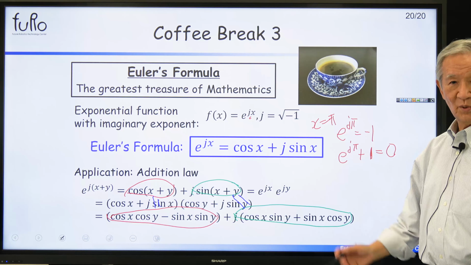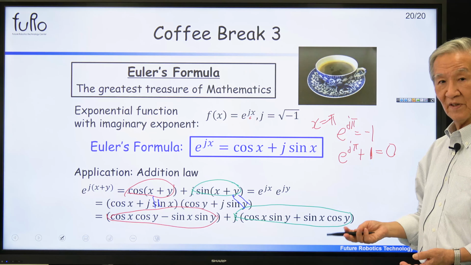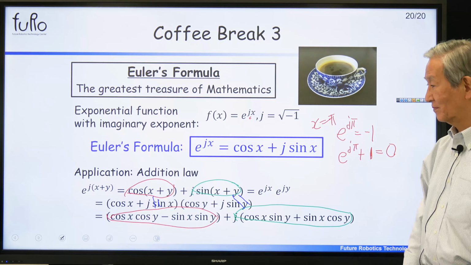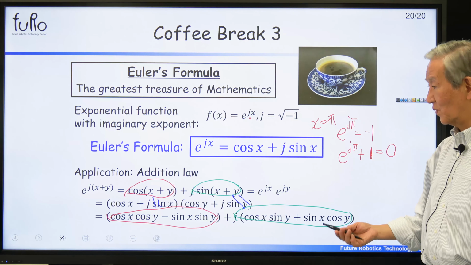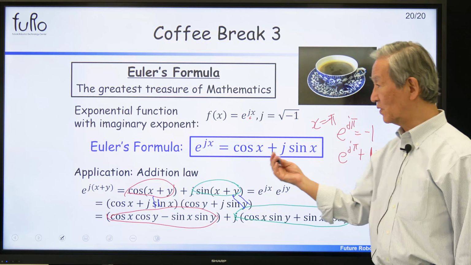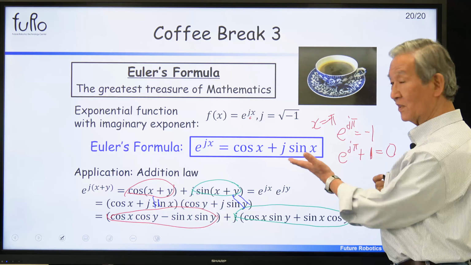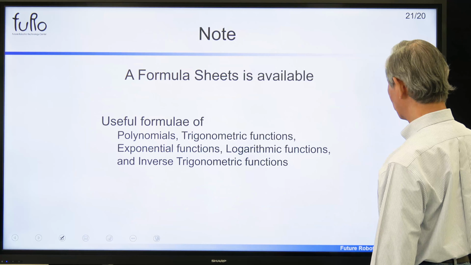Aha. Those are the two formulas of the addition law. So I used only 3 lines, and the proof was so simple if we use Euler's formula. That's the beauty of Euler's formula.